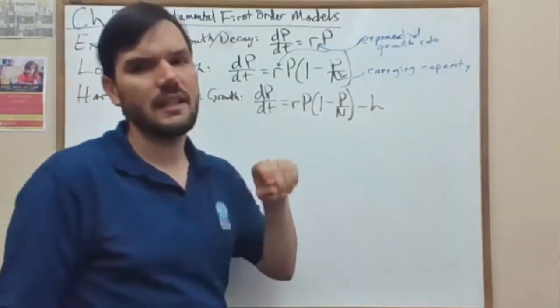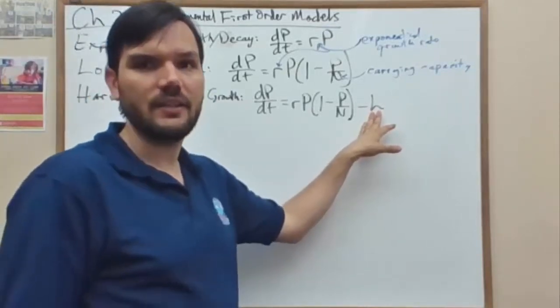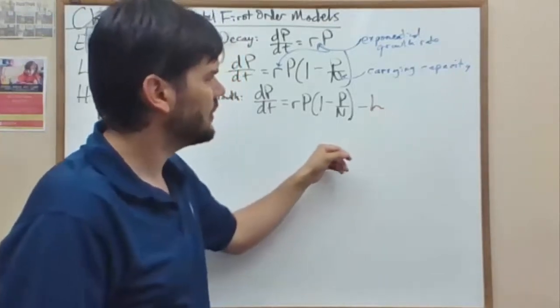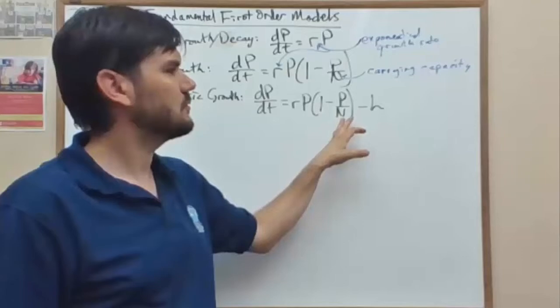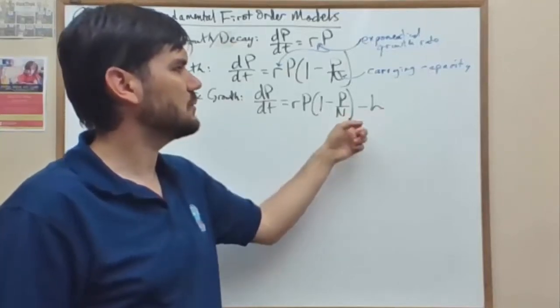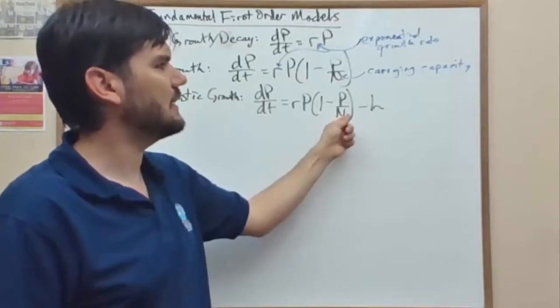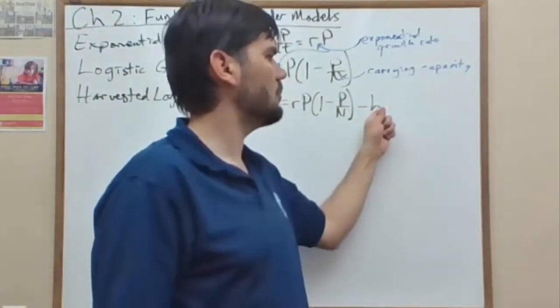Now what this minus H does, we see in the bifurcation analysis of section 2.7. It'll lower the actual ideal limiting value of P away from N down further and further based upon how big H is.